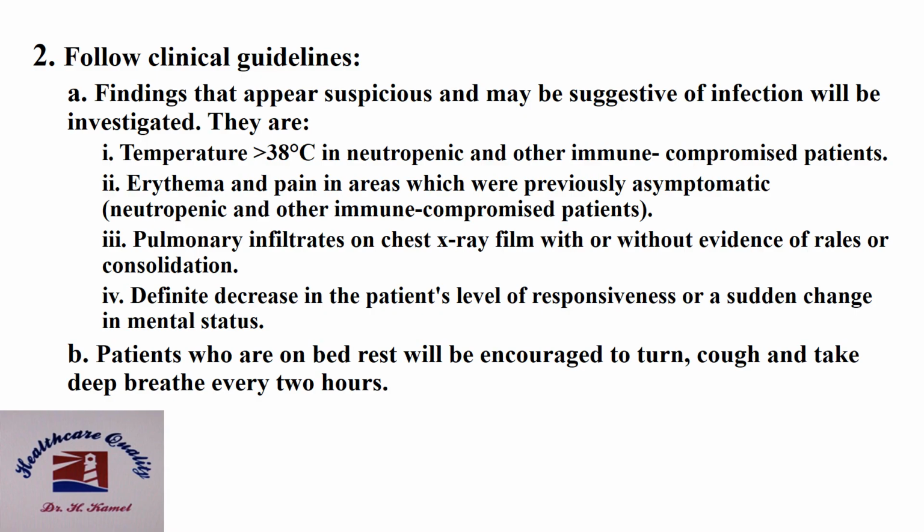They are temperature more than 38 degrees centigrade in neutropenic and other immune-compromised patients; erythema and pain in areas that were previously asymptomatic; pulmonary infiltration on chest X-ray film with or without evidence of rales or consolidation; definite decrease in the patient's level of responsiveness or a sudden change in mental status.